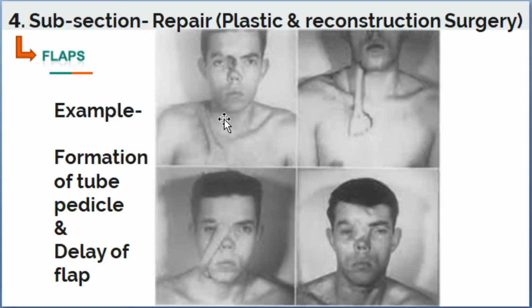This is an example of a flap, that is formation of tube pedicle. In this procedure, the physician will prep, drape and anesthetize the patient. For the formation of a direct or tube pedicle, the physician will make an incision and lift the edges from healthy skin, and give that skin a tubular shape by stitching its edges together.